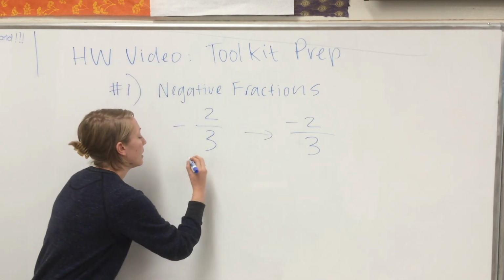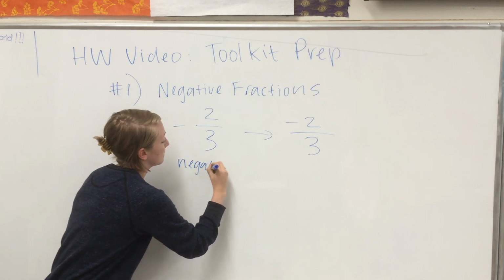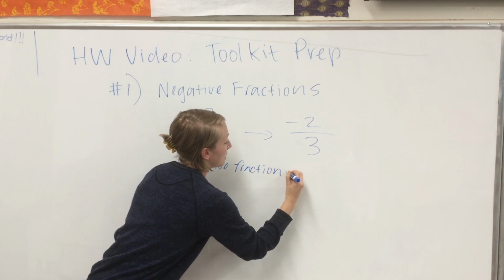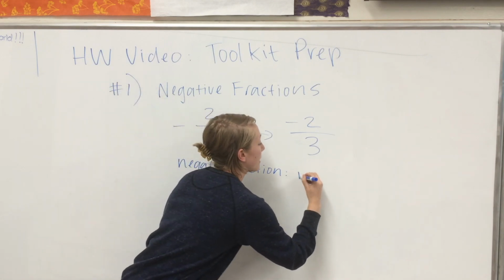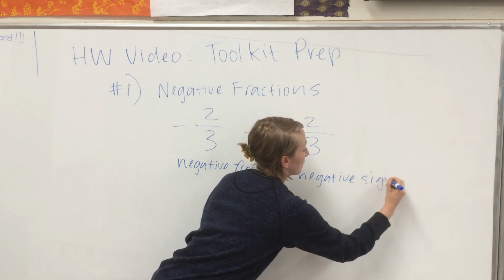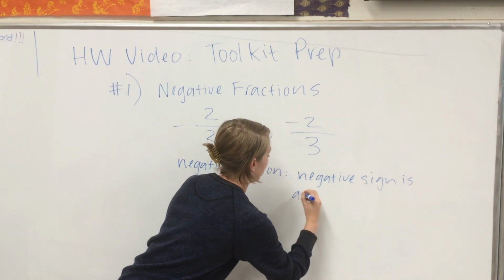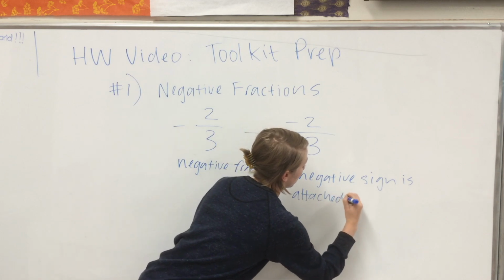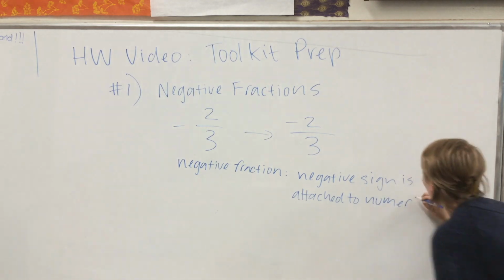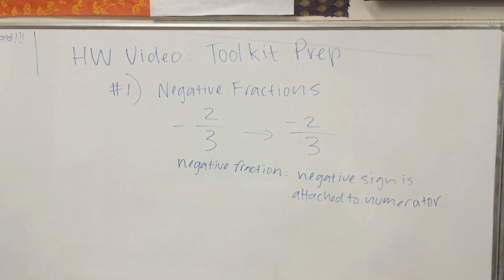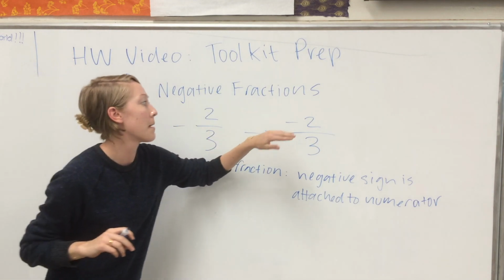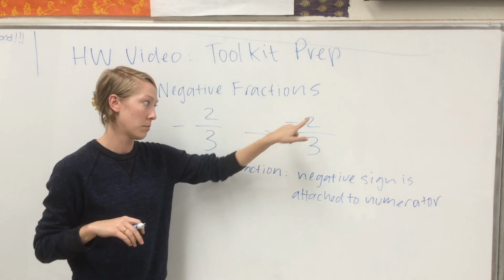So negative fraction means the negative sign is attached to the numerator. Long word, numerator. All right, so if a negative is in front of your fraction, imagine that it's directly connected with the numerator, the top part here.